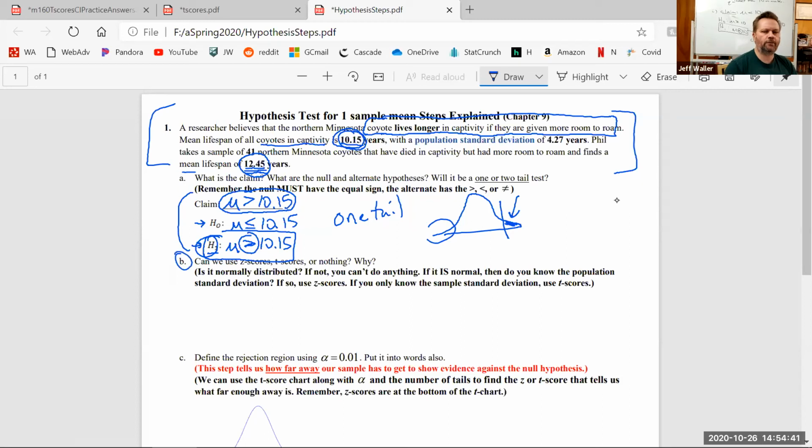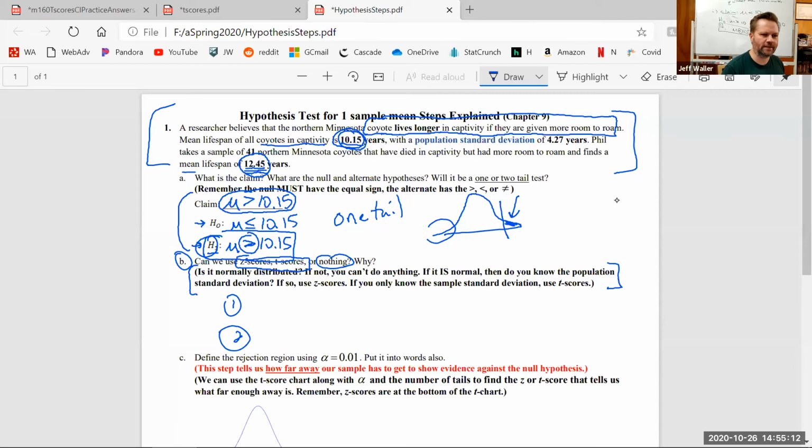Step B is a step we know already, so I'm not going to talk too much about it. But can somebody tell me what determines whether I can use Z or T scores? Or maybe nothing? What two things do I need? I kind of explained it to you here, but try not to read that. We already know this. The most important thing I need to know is, am I working with a normal curve?